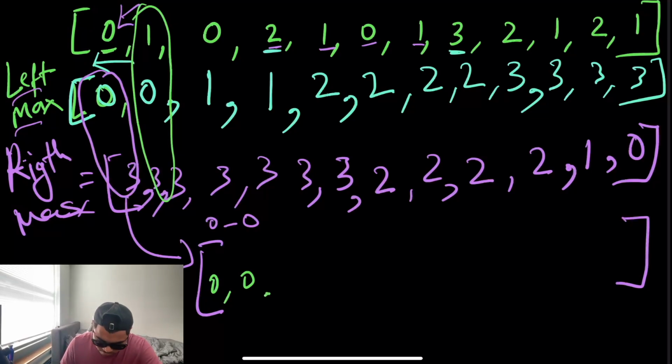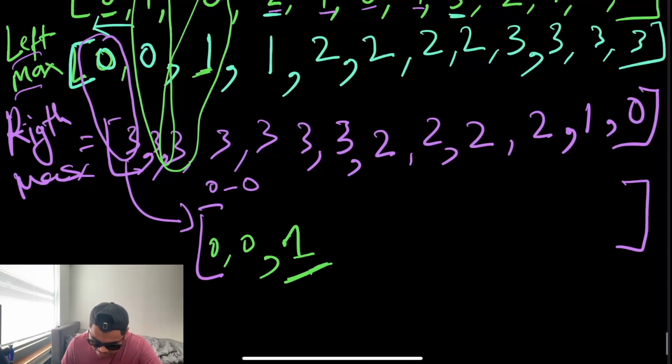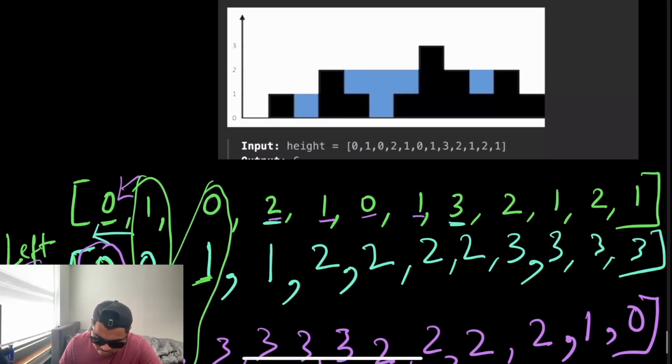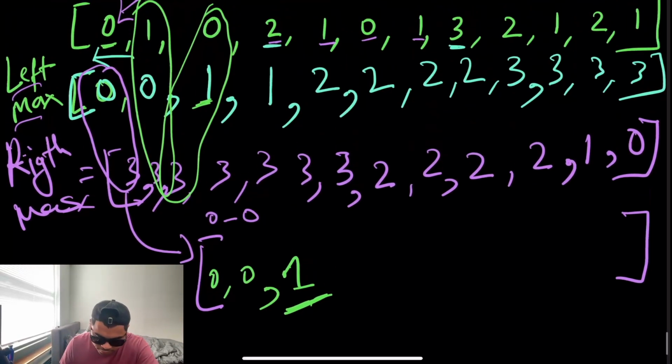Then for these 3, the minimum is 1, 1 minus 0 is 1, and this third place tells us that we could hold 1 unit of water here, so that's why we have 1 here.